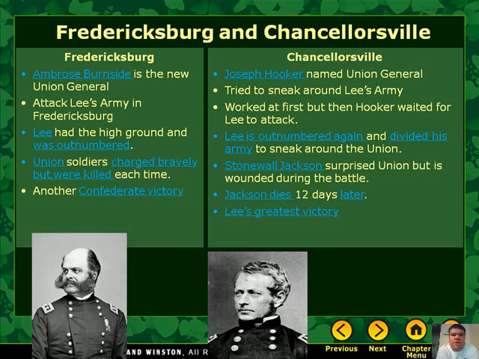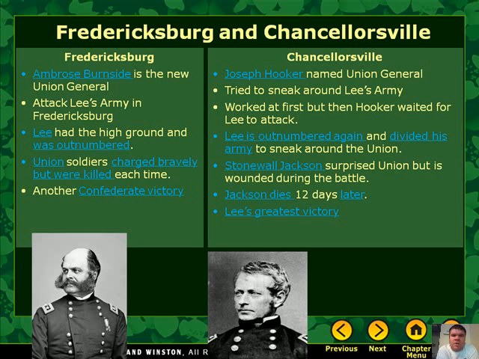Even though Robert E. Lee was outnumbered, because he had such a commanding position on the hills, he felt confident that he could win this battle. Once the bridges showed up, Burnside had the soldiers build them, and the Union soldiers marched bravely into the town of Fredericksburg, and then very bravely tried to attack the hill and the defenses that the Confederates had built.